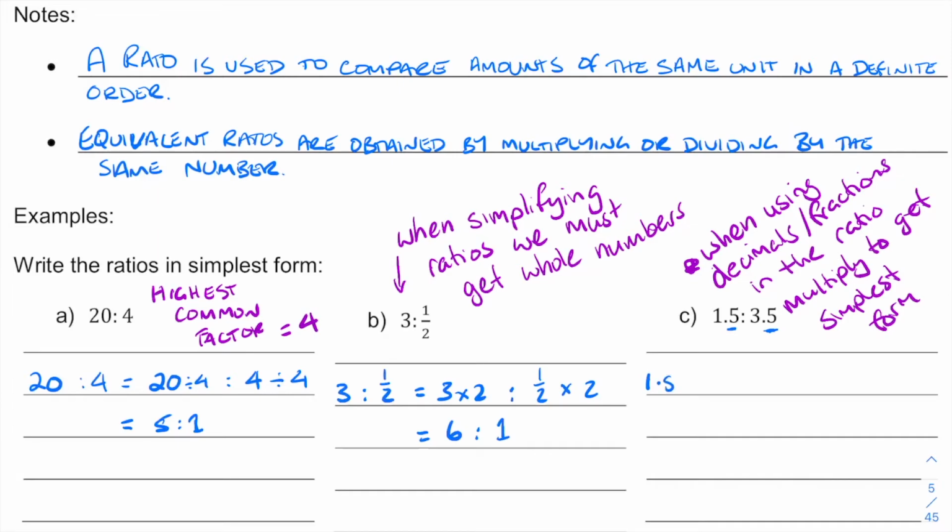So I have 1.5 to 3.5. I'll just put that decimal point in the right spot. And if I multiply by 10, I get rid of that decimal point because it changes the place value, but doesn't change the actual value of the ratio. The ratio is still an equivalent ratio.